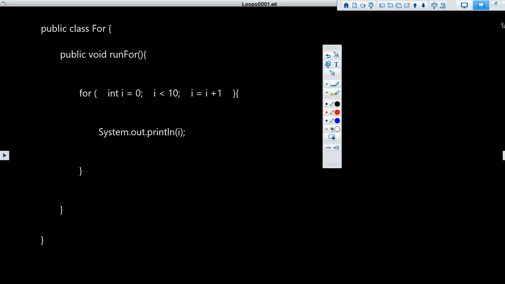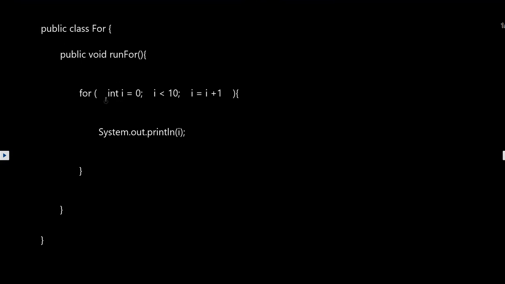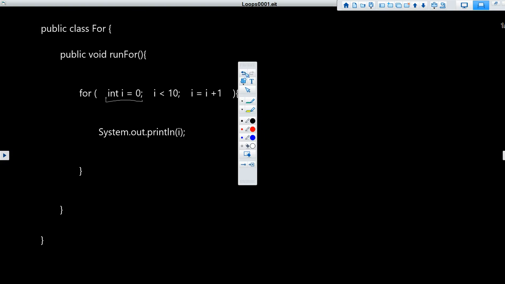Here's the for loop. Now, the for loop is a little bit more confusing. There are separate pieces to it, and this gets a little more difficult to follow. But if you're patient with it and you learn and memorize the format, you'll be able to use it fairly effectively. Notice that we have the same thing.